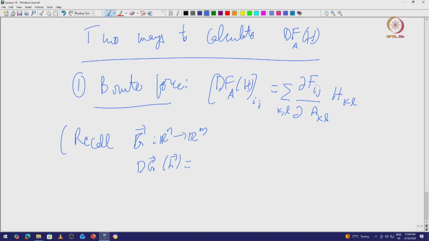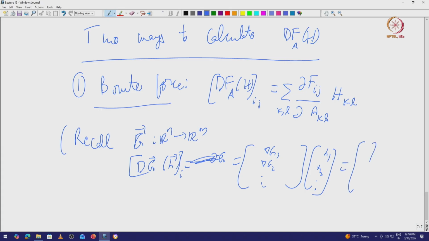The ijth entry would be dg. Maybe if I write it as gradient of g1, gradient of g2, etc., times h1, h2, and so on, this is a column vector. So what is the ith entry of this column vector?